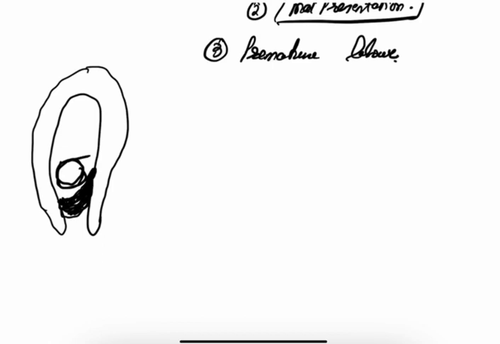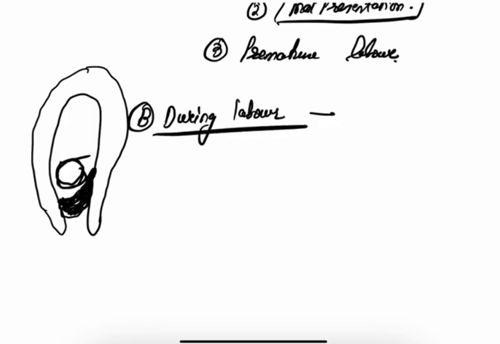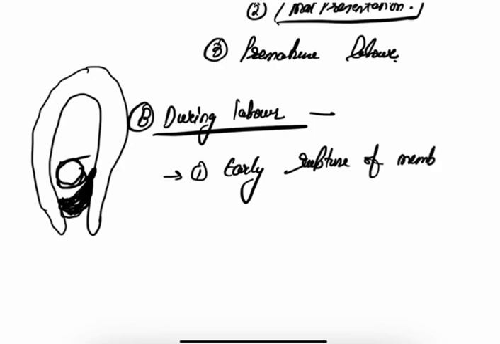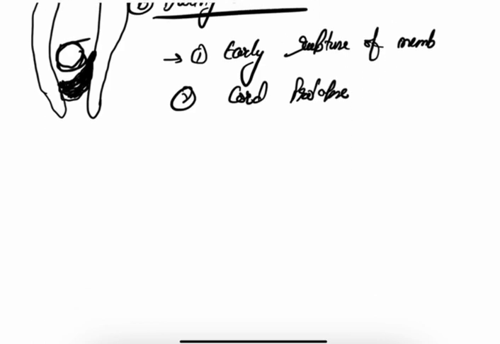Okay, what are the other complications during labor? It can lead to early rupture of membranes, cord prolapse, and intrapartum hemorrhage.